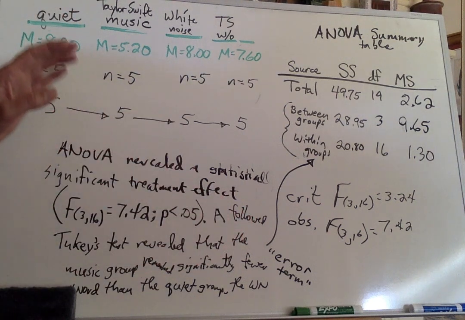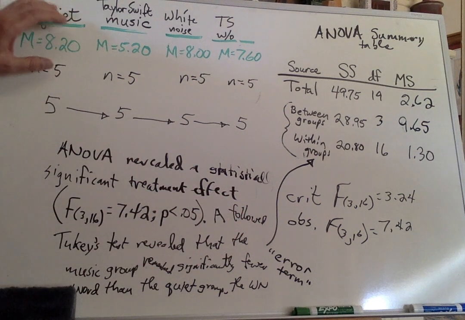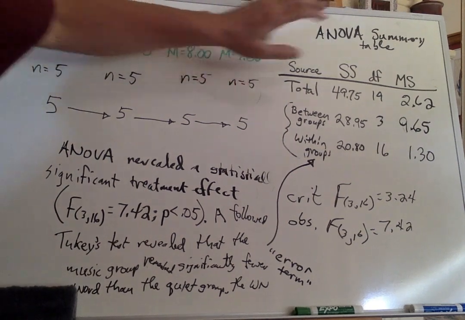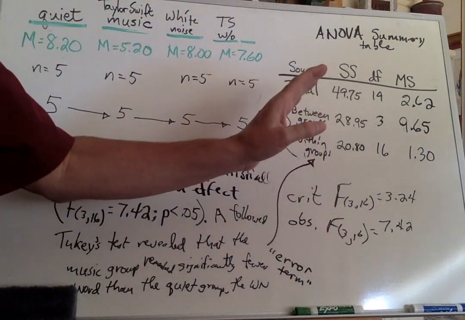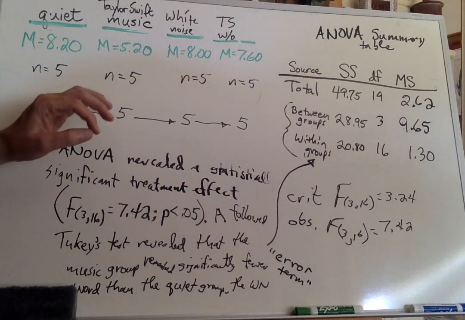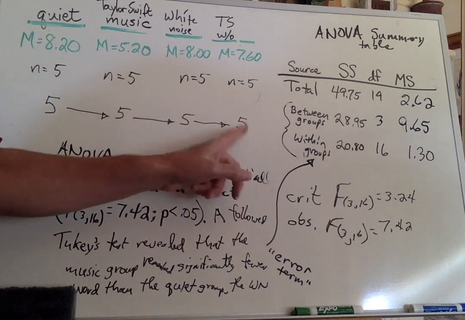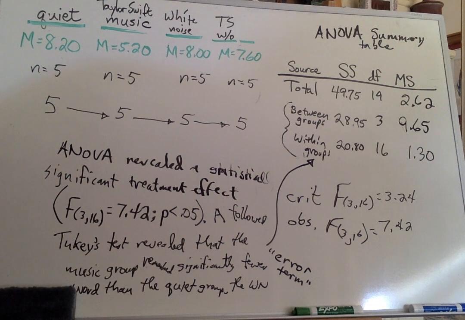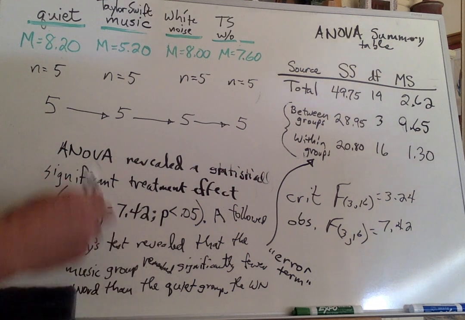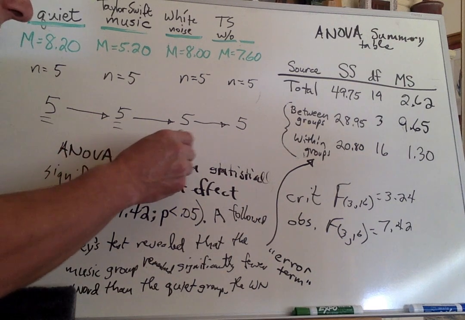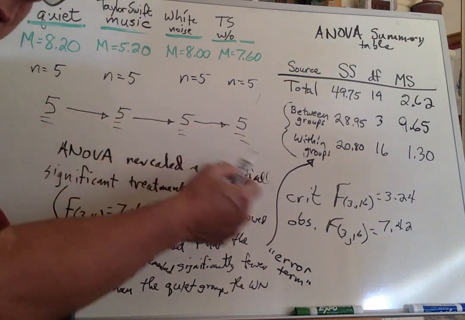Likewise, we have an analysis of variance where we have 5 different people in each of the groups. That's the one that we did, okay? But there's also an analysis of variance where you're using the same 5 people repeatedly. What's nice about that is you sort of already know these 5 people because you tested them before. You're testing them all the way through.